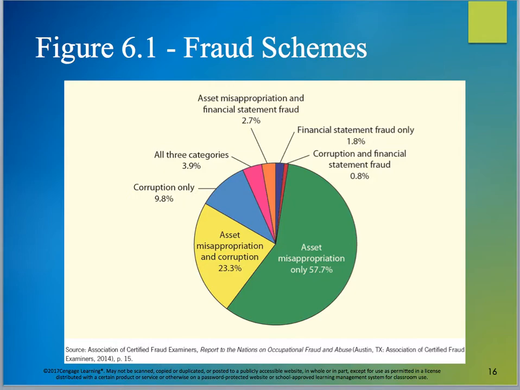When you combine all three categories, it is 3.9%. Corruption and financial statement fraud is 0.8%. Financial statement fraud alone is 1.8%. And asset misappropriation and financial statement fraud represents 2.7% of the schemes.